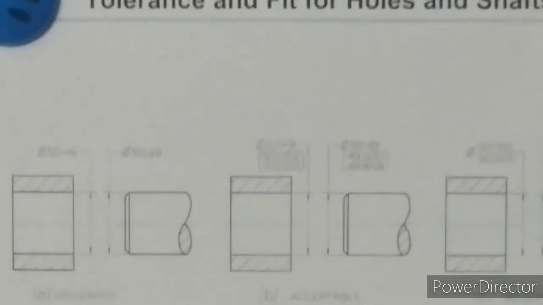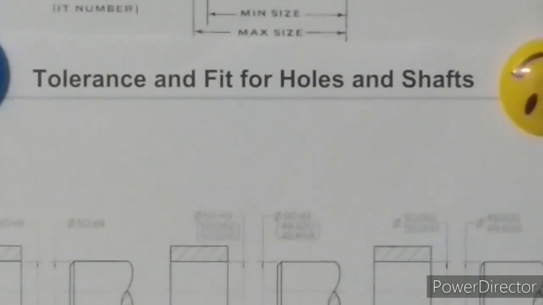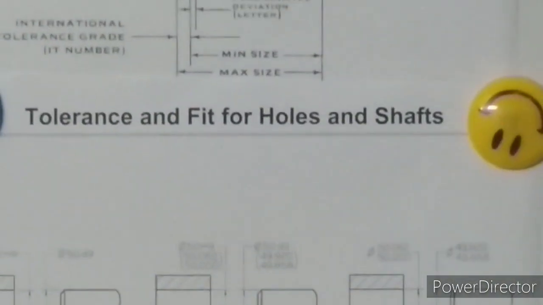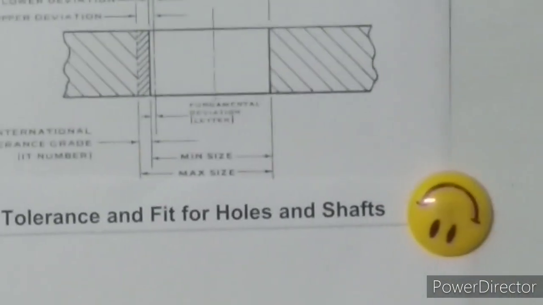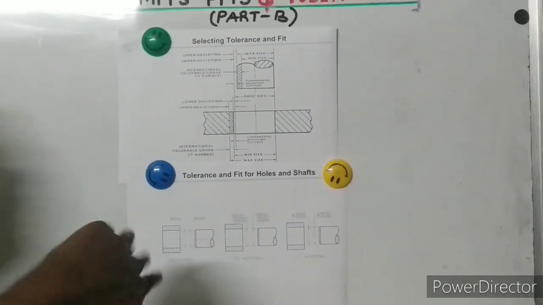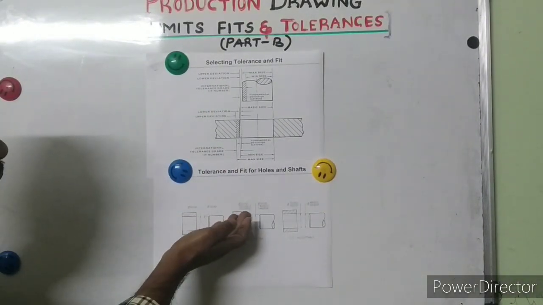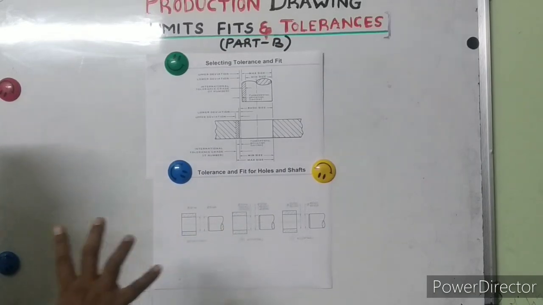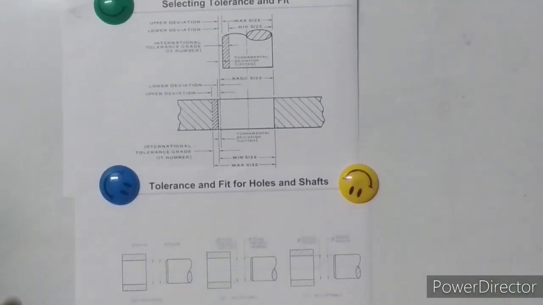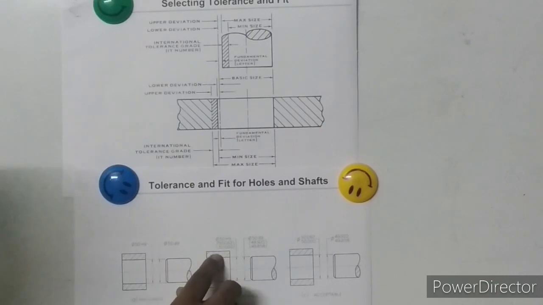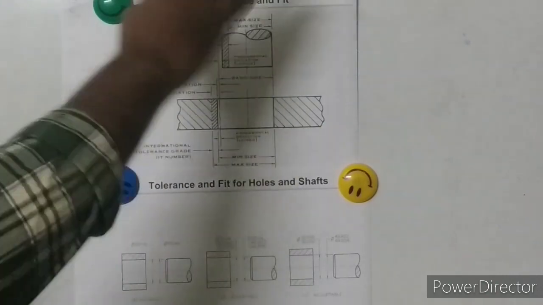Then the fit: the degree of tightness or looseness is called a fit. What is the tolerance? The maximum permissible variation of a size, that is, from which size to which size the basic size varies. For example, 50.00 to 50.062. This is called your tolerance.